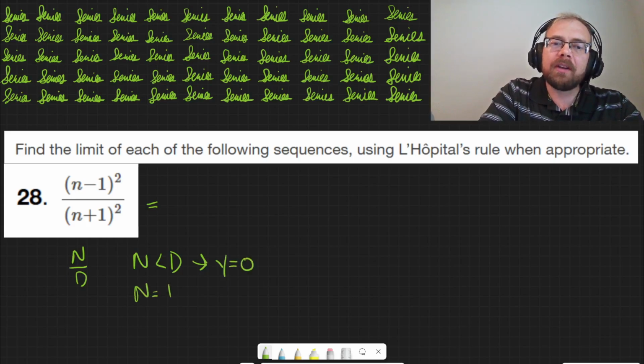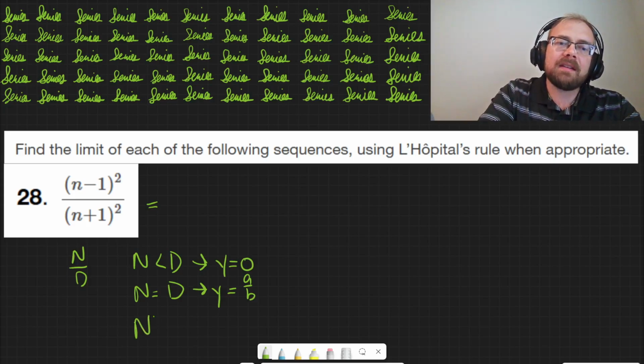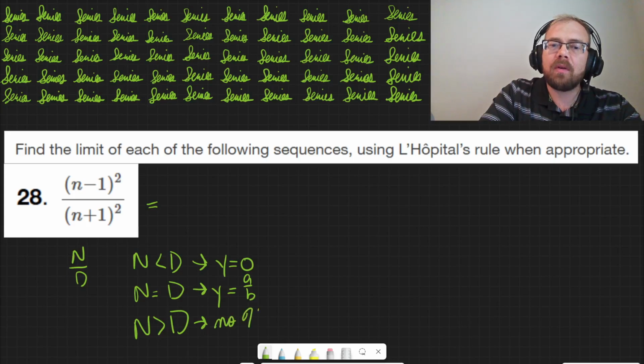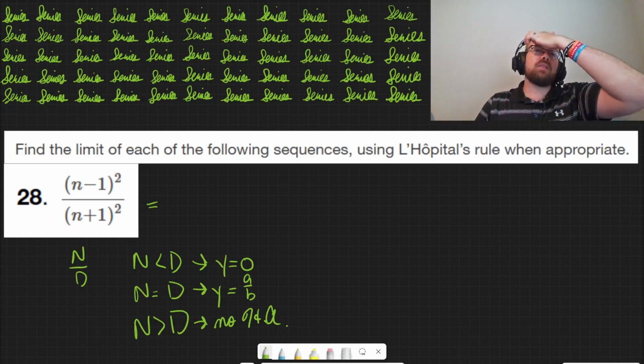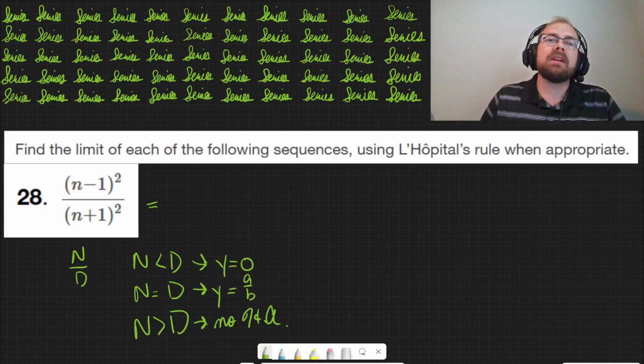If the numerator degree is equal to the denominator degree, then the horizontal asymptote is the leading coefficients divided. And if the numerator degree is greater than the denominator degree, then there is no horizontal asymptote. Sometimes they have you finding the oblique asymptotes as well, which you could have for a rational function.